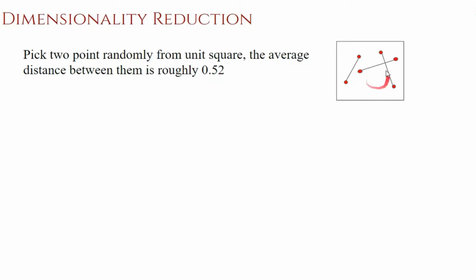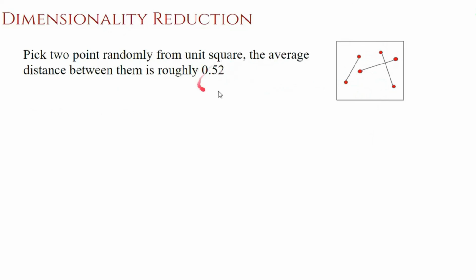Here we have picked 3 random pairs, but you can think of increasing this experiment, maybe 10,000 times, and we will have 10,000 distances. Now you average all the distances. The average distance between any two randomly chosen points inside a unit square happens to be 0.52 units.